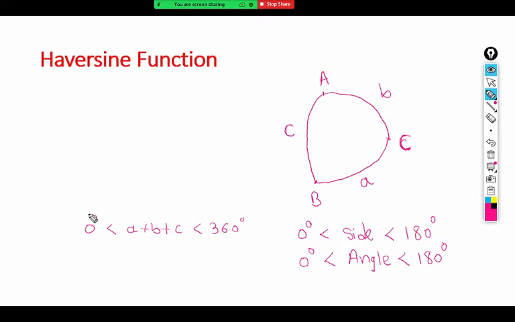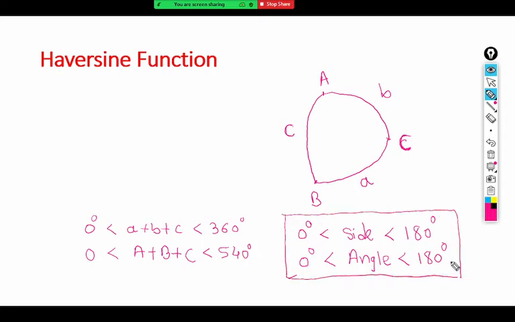If r is 1, that is 2 pi, which is 360 degrees. 360 degrees is the maximum sum of the sides. So this property is not required actually. And the 540 degrees you mention is about capital A plus B plus C being 540 degrees. That is another property, but the most important thing is here.